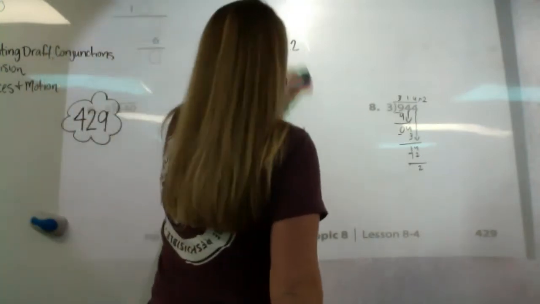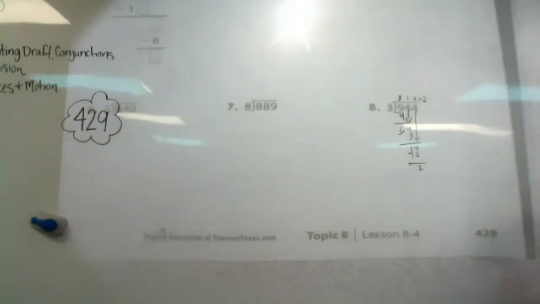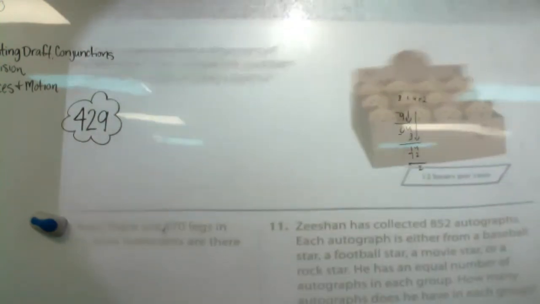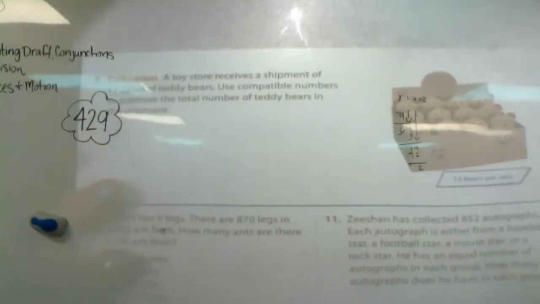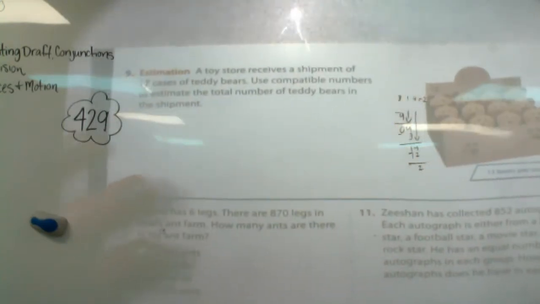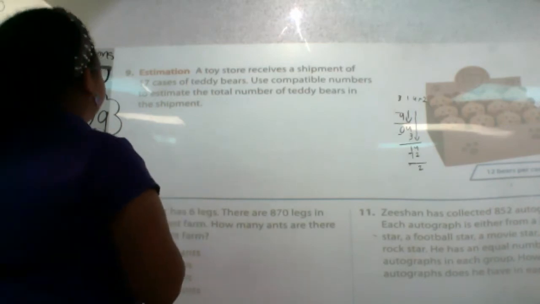Okay, pick somebody, and we're going to flip over to the back. Jamie. Okay, Owen, will you read it for us, number 9?